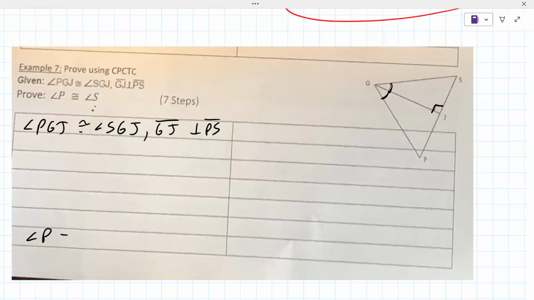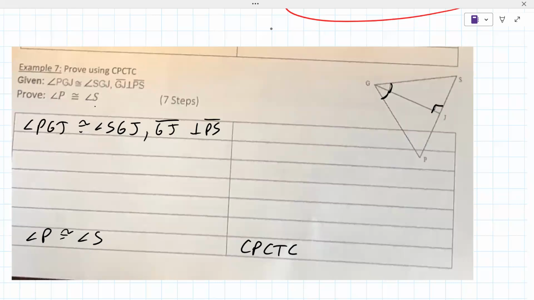Now we're going to put in that angle P is congruent to angle S down here at the bottom. Typically, you prove an angle or side after proving triangle congruence, which is CPCTC. So we're probably going to prove the triangles are congruent at that moment.